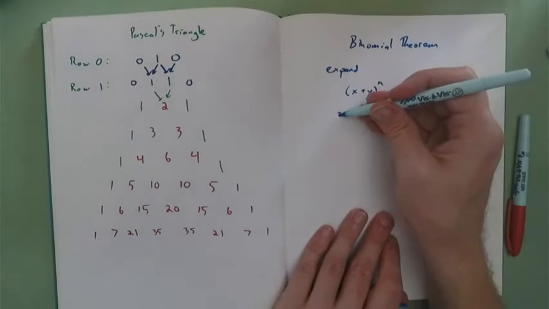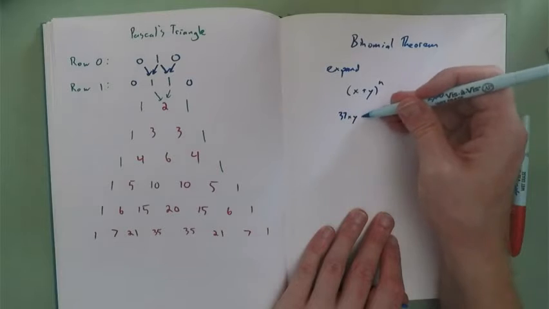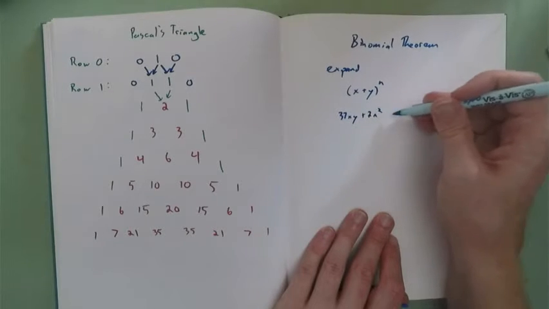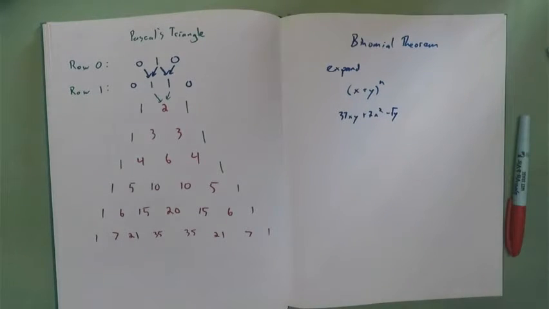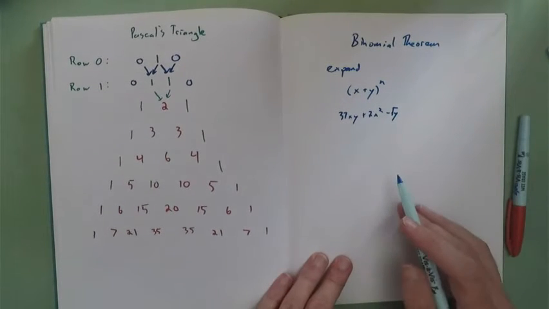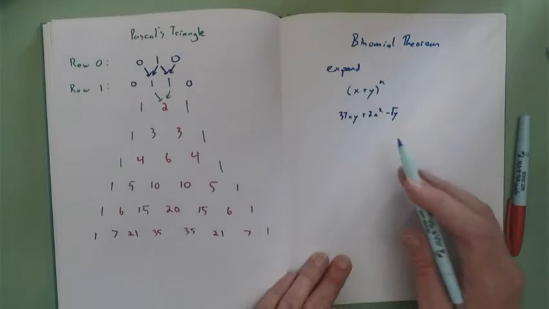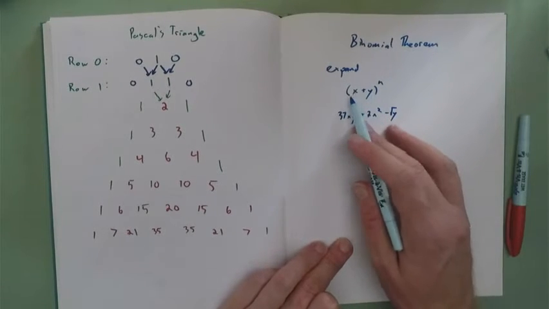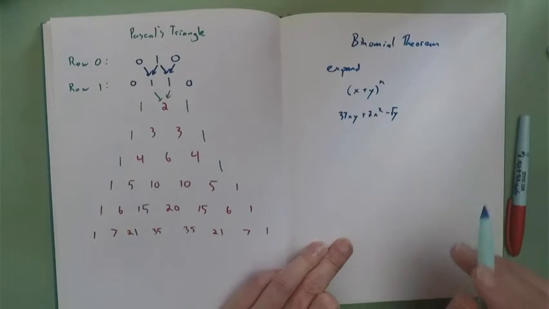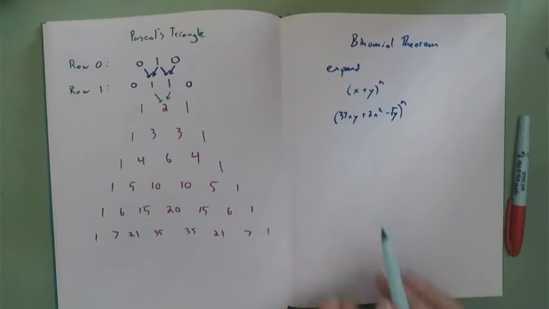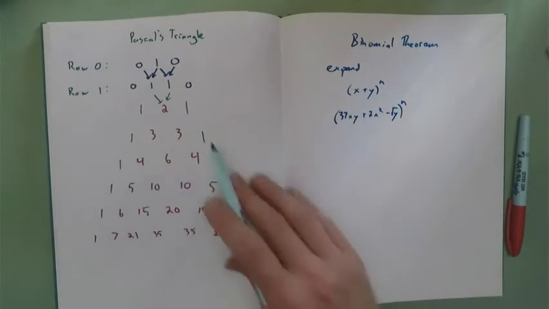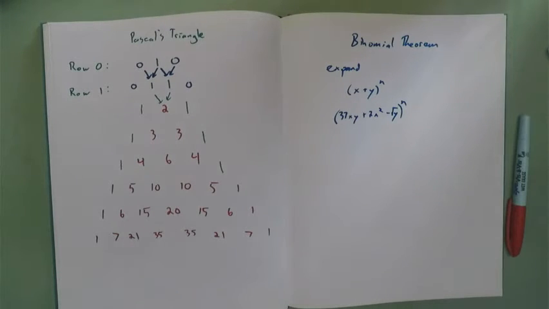This could be 37xy plus 2x squared minus y square root, right? It could be any number of weird things going on in there. But if we can find a way to split it apart into x plus y to the power of n, right? We've got this to the power of n. If we can find the way to structure this right, we can use Pascal's triangle to figure out what the terms are going to be.